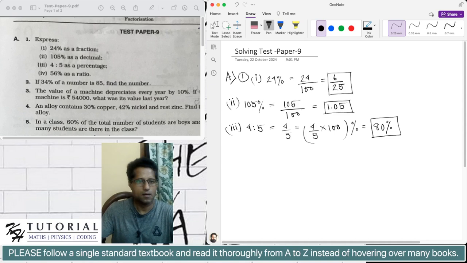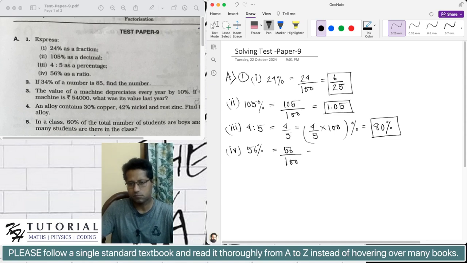Okay. Part 4, it is asking to express the percentage 56% as a ratio. So how do we express 56% as a ratio? First, we convert the percentage to a fraction, which will be 56 by 100.